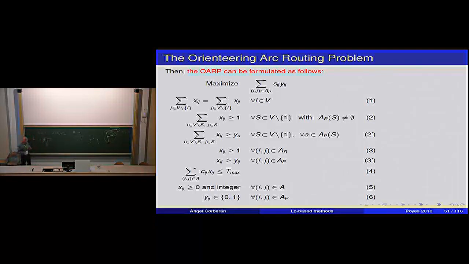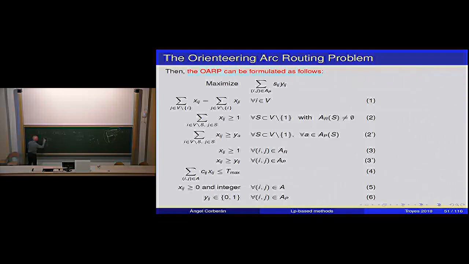Okay? This is mandatory. But what happens if this arc does not correspond to a regular customer, but to a profitable arc that I may or may not service? In this case, I am not obliged to enter this set, only if I service this arc.